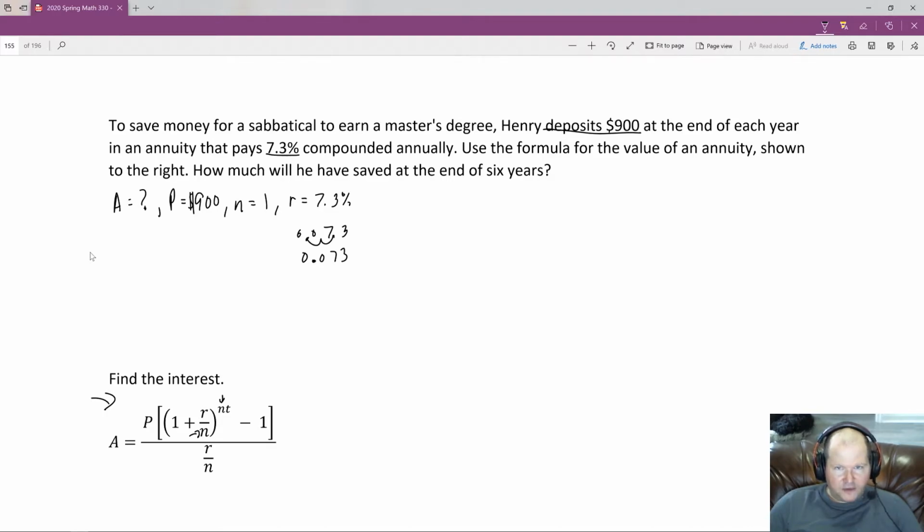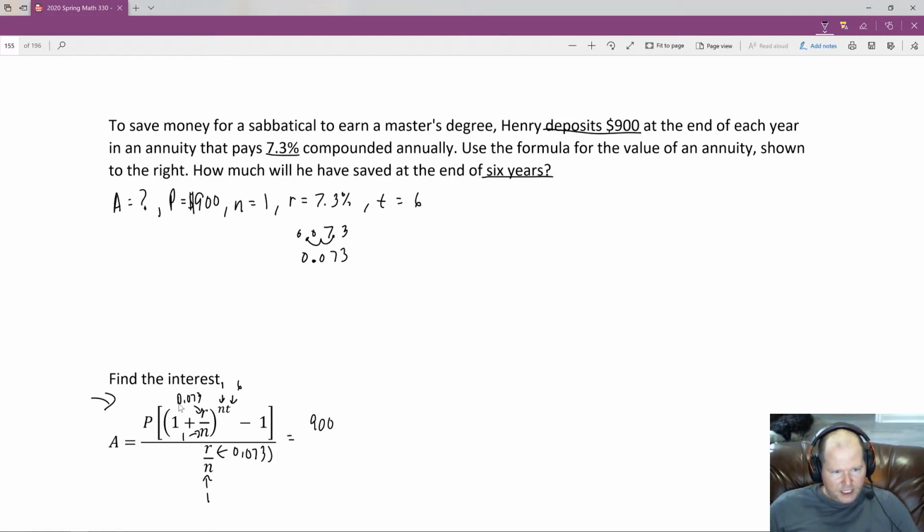And it says 6 years, so we also know that T is equal to 6. So this R right over here is 0.073, and right there, 0.073. And then, of course, N is 1. So we know all the different parts of this.